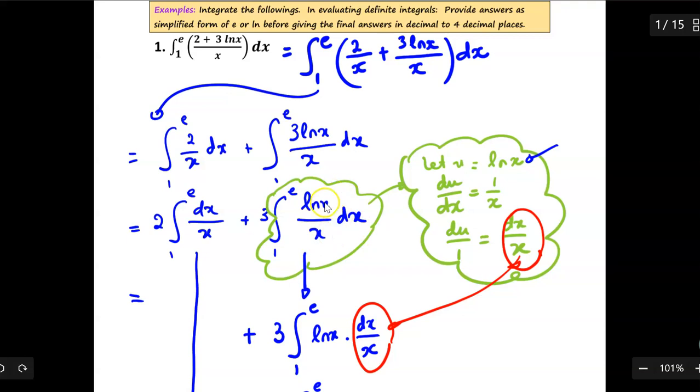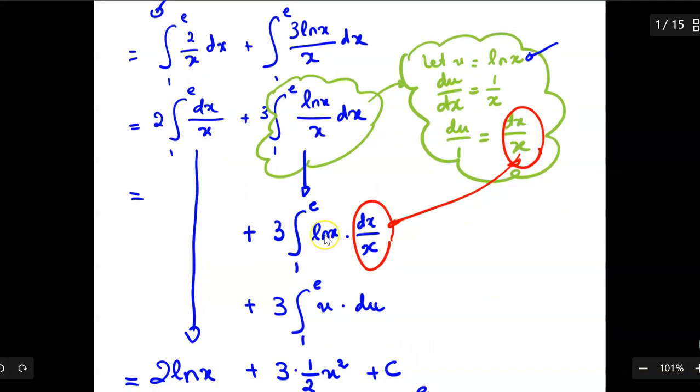So I will let u equal to ln x, differentiate that, I have 1 over x. Manipulate this equation, I end up with du over dx over x. Why do I make that dx over x? Because I can substitute that in here as du, and the ln x has now become the u. So at this point, you have to apply the very basic rule for integration, which is add 1 to the exponent and divide by the result.